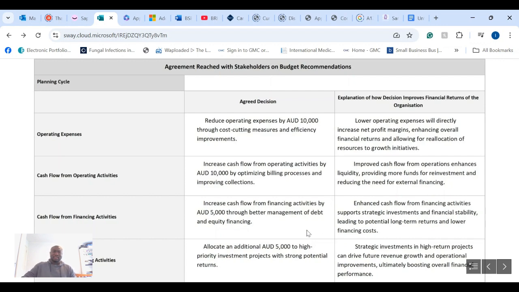Talking about cash flow from investing activities, we allocate 5,000 to priority investments that have a strong potential return. It will be strategically investing in high return projects that would be able to drive revenue and bring up operational improvements.